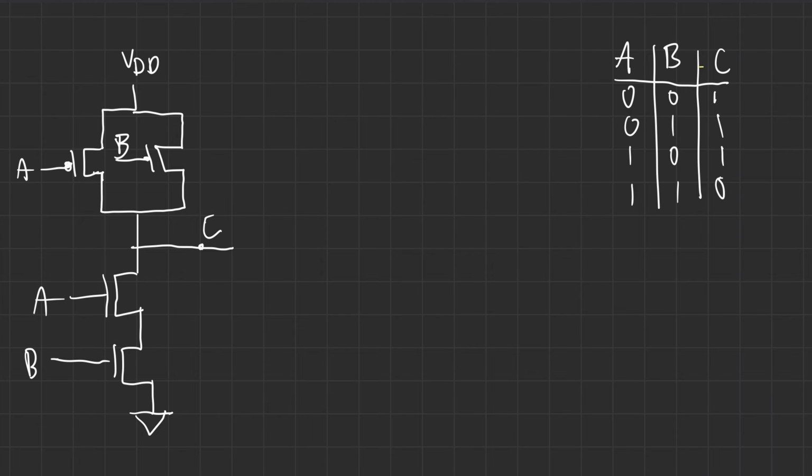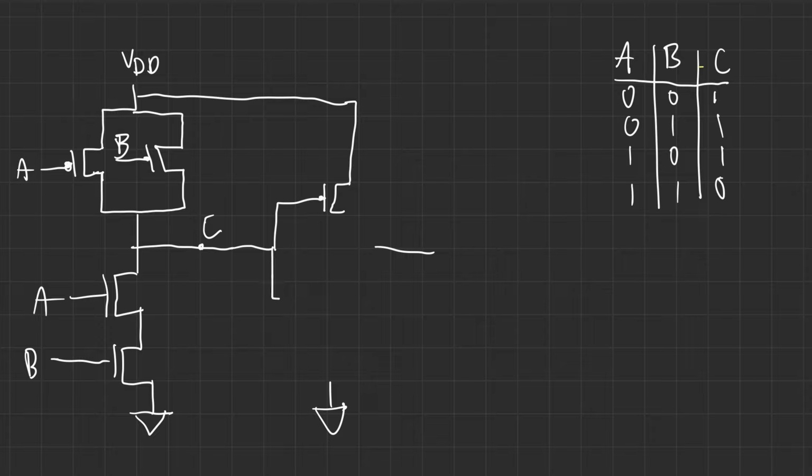So we'll keep that C. We're going to keep this drain voltage here into the circuit. It's going to be some sort of output as we ground. But how do we NOT with circuits? How do we implement a NOT? We'll use an inverter circuit, and you've already seen this. So we have the PMOS, we have the NMOS.